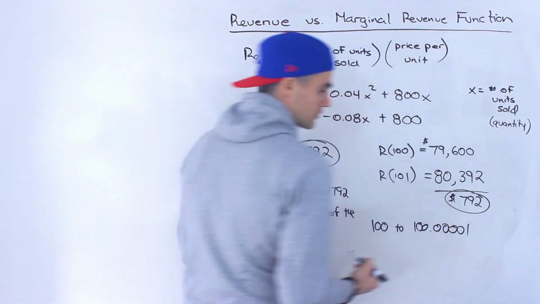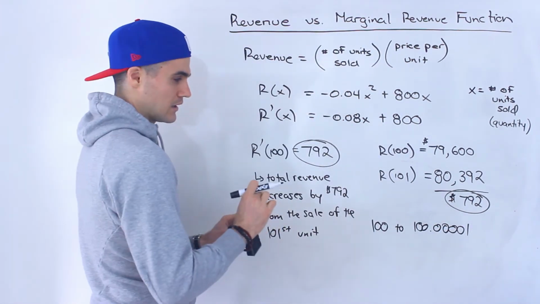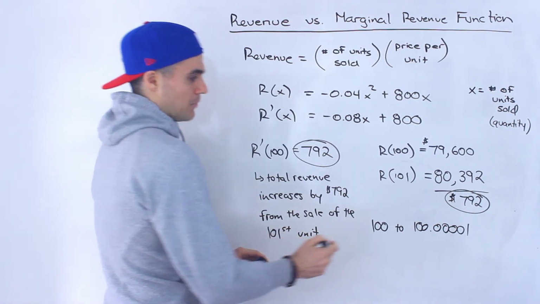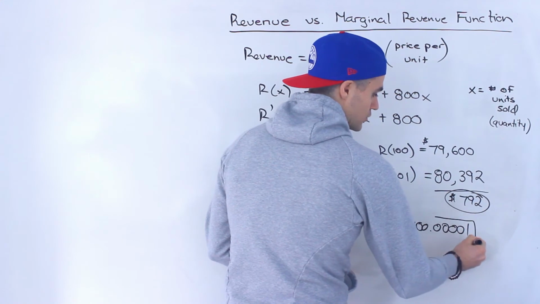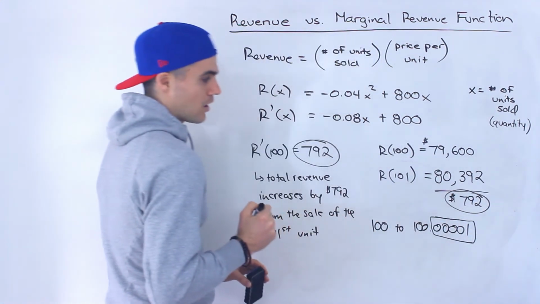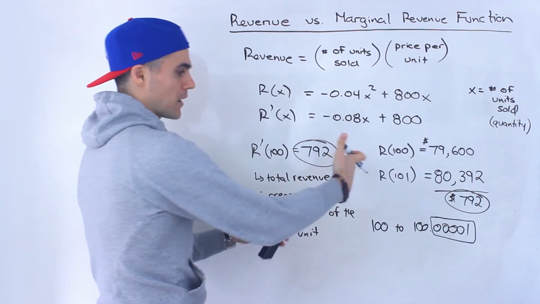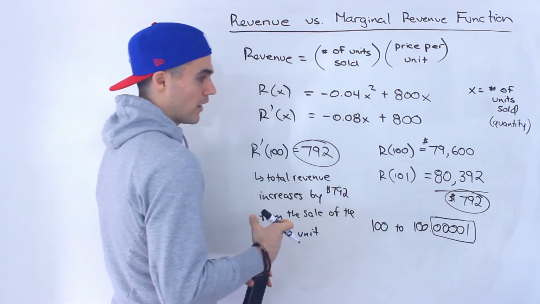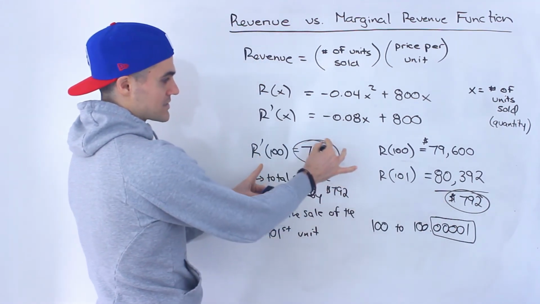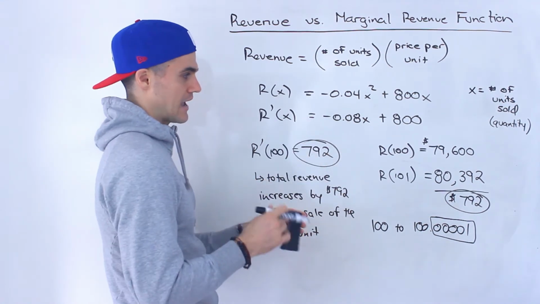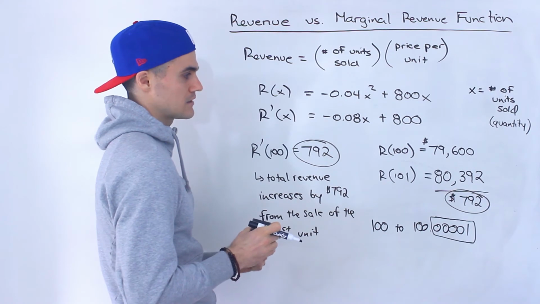And this pretty much goes till infinity if we get really abstract here mathematically. But we're just assuming that you can't produce that small of a unit. So we're looking at whole units, so we're going from 100 to 101. And so that's why this here is actually an approximation to how much that total revenue is going to be changing.